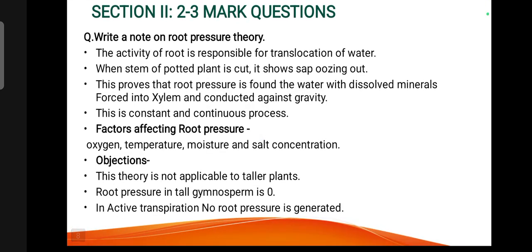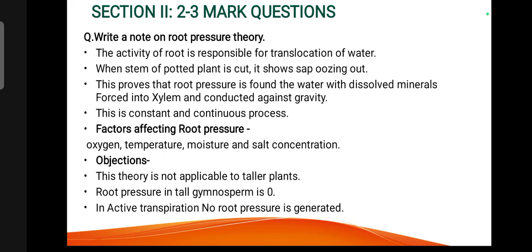Write a note on root pressure theory. The activity of root is responsible for the translocation of water. When stem of potted plant is cut, it shows sap oozing out. This proves that root pressure is found. The water with dissolved minerals is forced into the xylem and conducted against gravity.